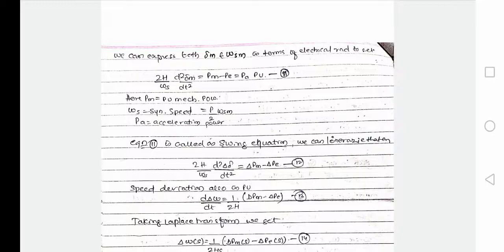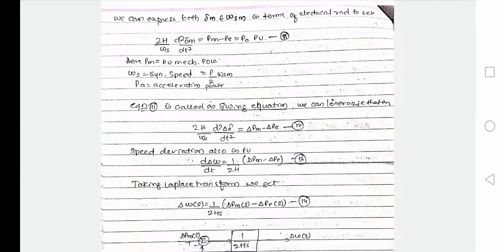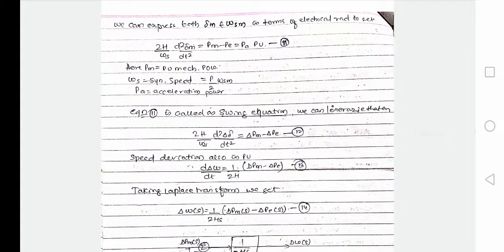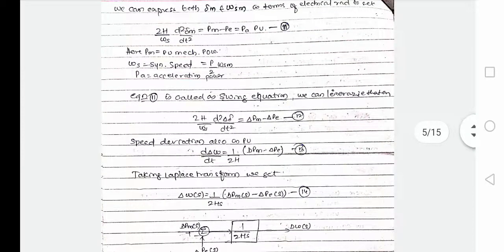So we can linearize that swing equation as 2H divided by omega s into d square delta of delta divided by dt square is equal to delta of Pm minus delta of Pe. Here this term you can name as delta of delta. So take it as equation number 5.